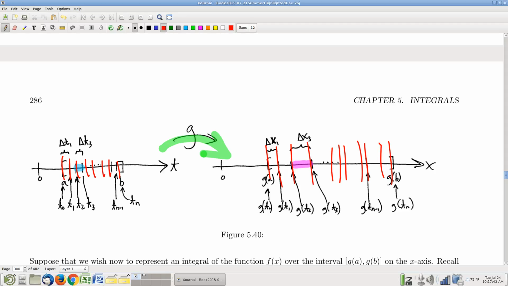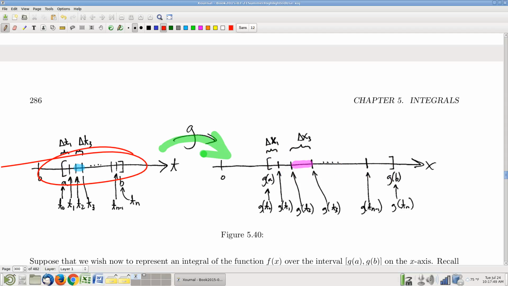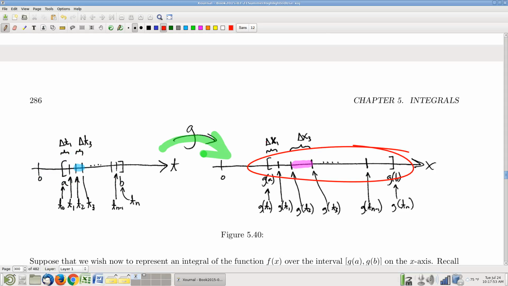So I'm just laying groundwork. I haven't really done anything yet. Now, you might gripe, understandably, that this was a regular partition. All the pieces were the same size, and over here, these aren't. So one thing we did not talk about previously when we were talking about integrals: remember, we've defined different kinds of integrals. I always did my Riemann sums in such a way that the slicing was even.